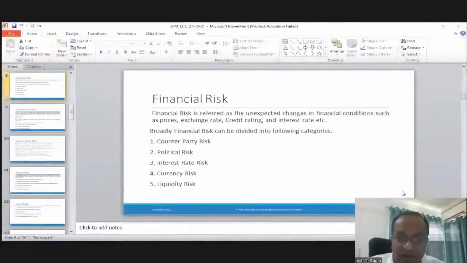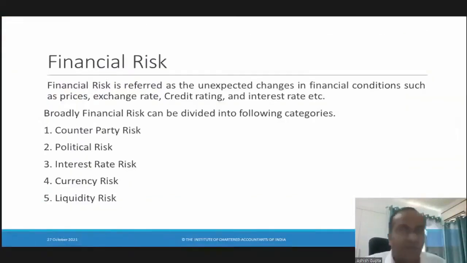Now this risk is very important for us, because some major parts of the syllabus are based on financial risk. Financial risk is referred to as an unexpected change in financial condition, such as price, exchange rate, credit rating, and interest.